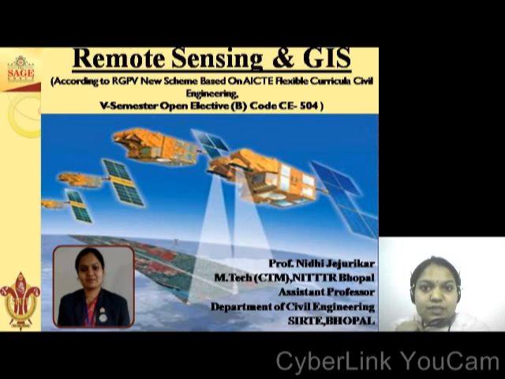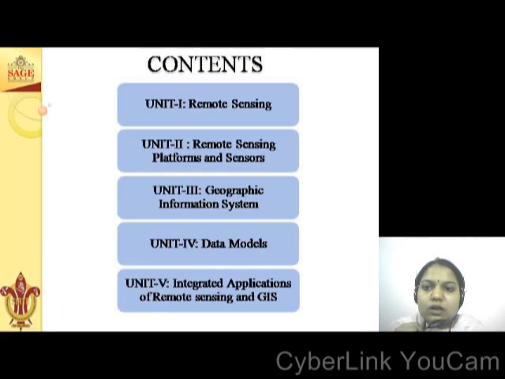Moving towards the content of the syllabus, it mainly comprises Unit 1, which gives Introduction to Remote Sensing, Unit 2, which tells us about the remote sensing platforms and sensors in detail, Unit 3, which depicts the geographic information system, Unit 4 gives a briefing about data models, Unit 5 tells us about the applications of remote sensing and GIS.